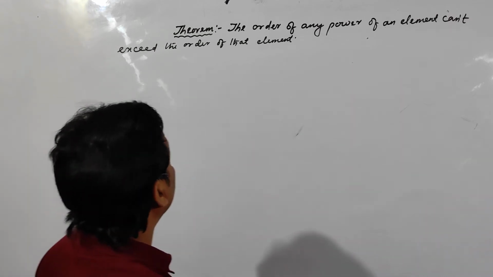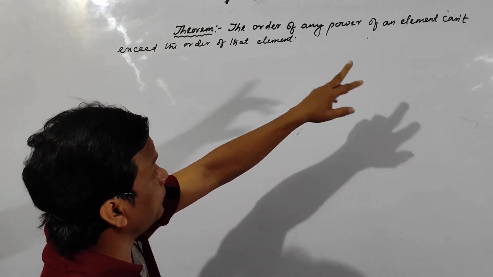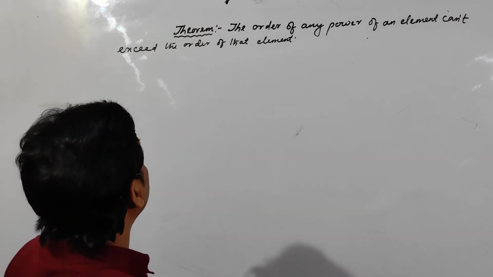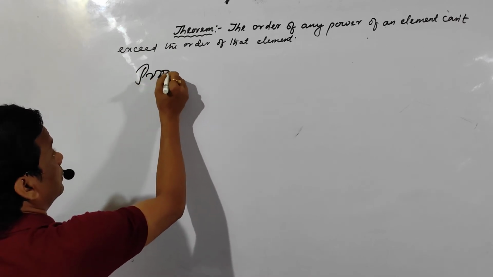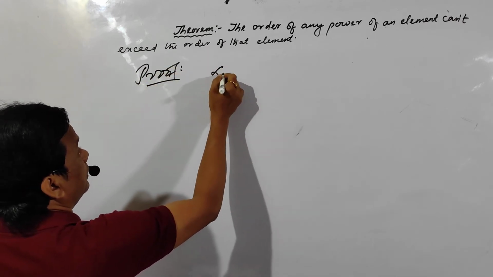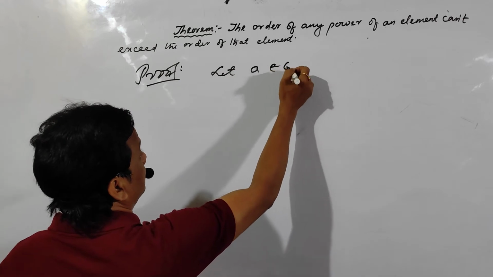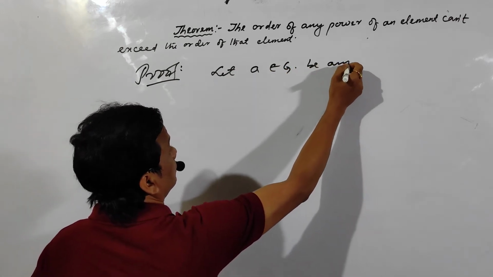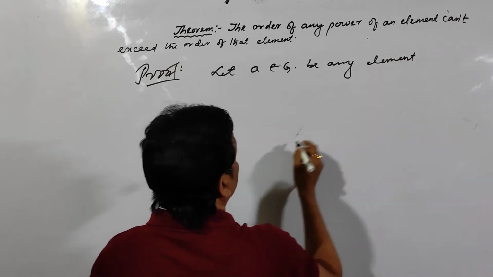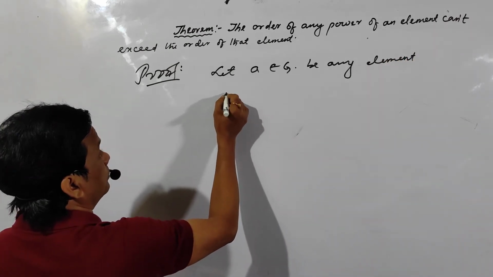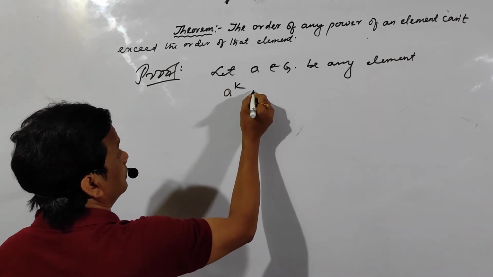So see here, the order of any power of one element cannot exceed the order of that element. That means, let a belong to G be any element, and a to the power k.